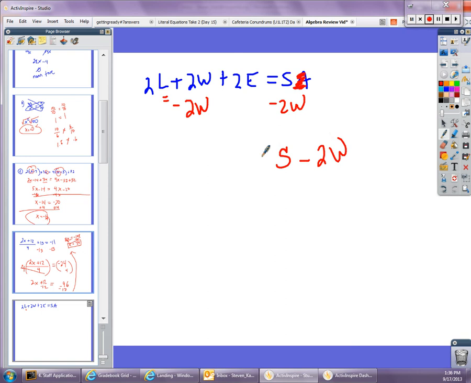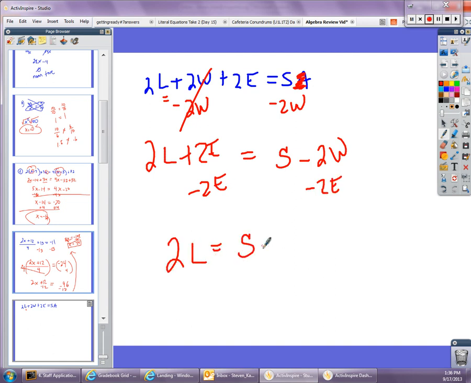S minus 2W is equal to 2L plus 2E. Subtract 2E from both sides. 2L is equal to S minus 2W minus 2E. Last, divide everything by 2. Remember, you could leave it like this, or you can divide everything by 2.